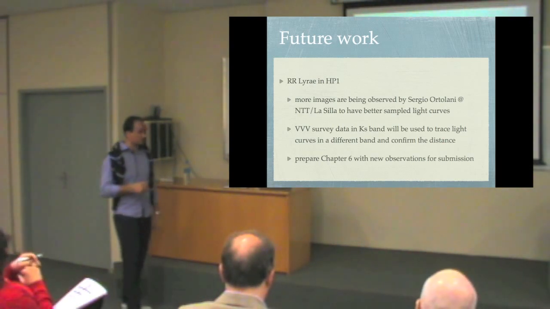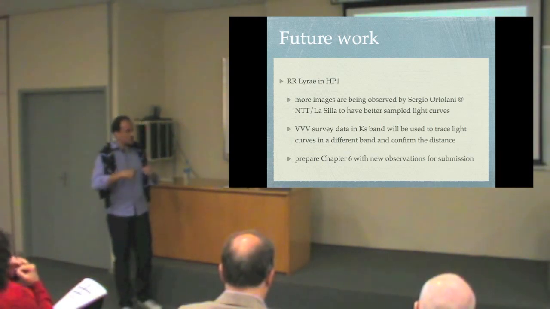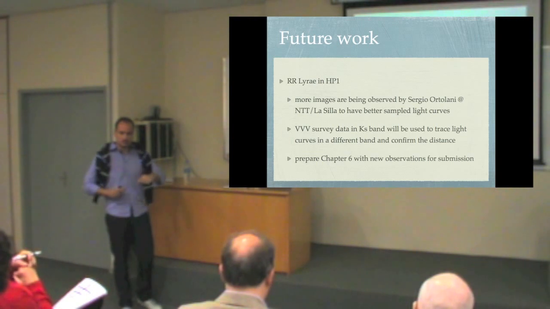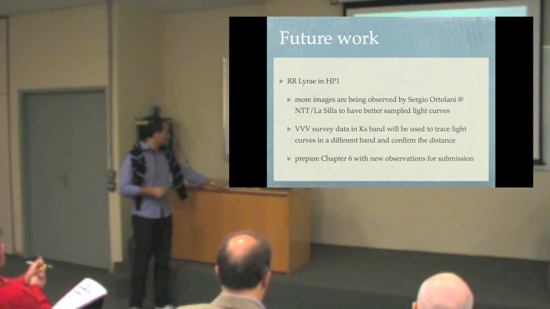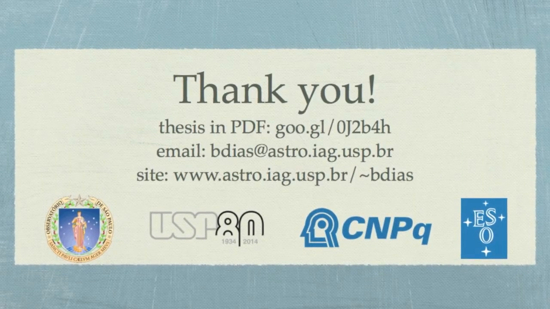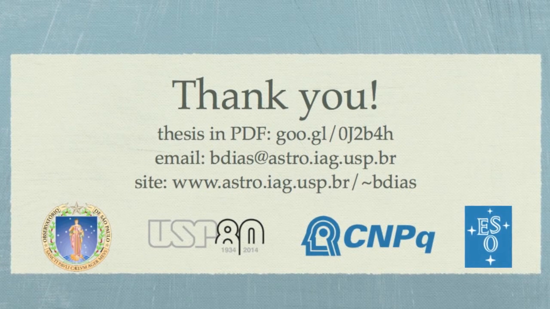We should also prepare, I didn't put it here, a proposal for Gemini to observe the CMD reaching the turn-off of the CMD to derive the age, and prepare another paper. And that's it. Thank you.